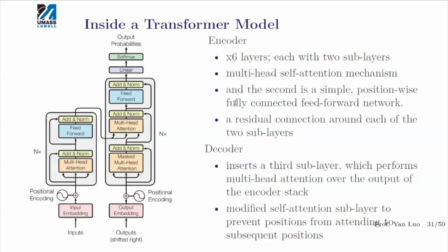In the 2017 paper, they actually replicate this same layer 6 times. And that will produce an output vector tensor that you feed into the decoder layer.